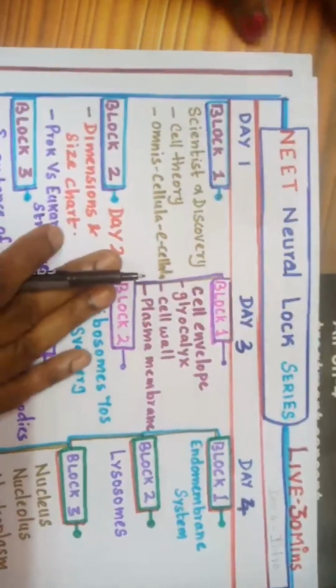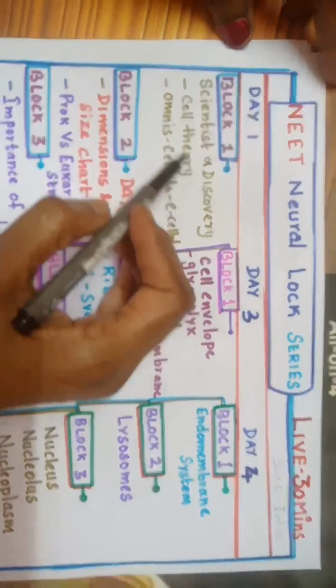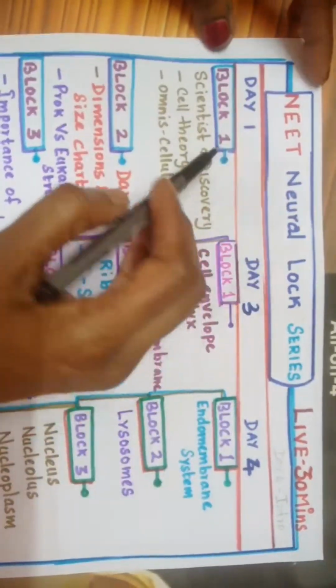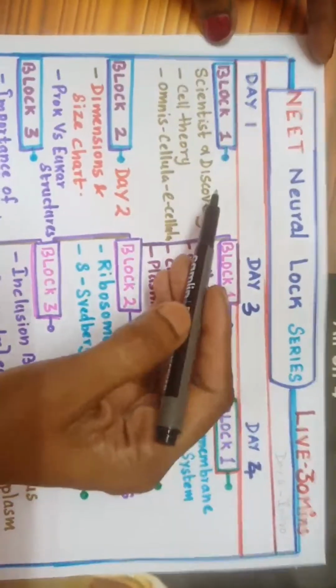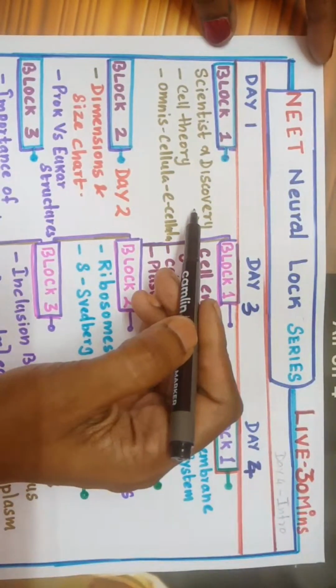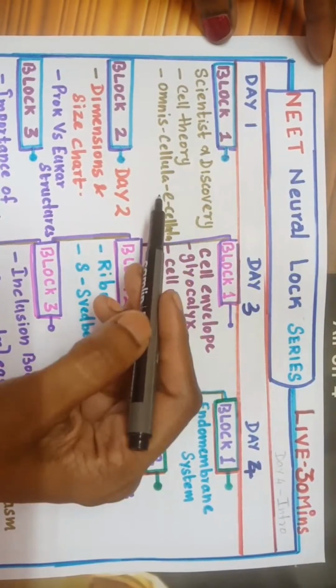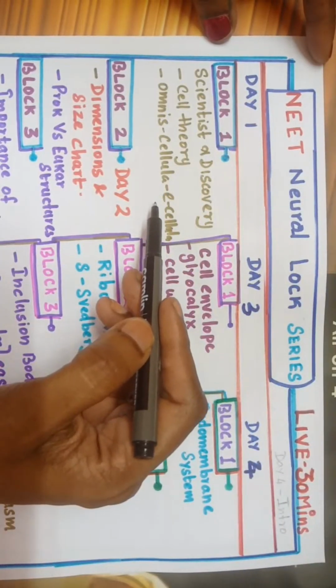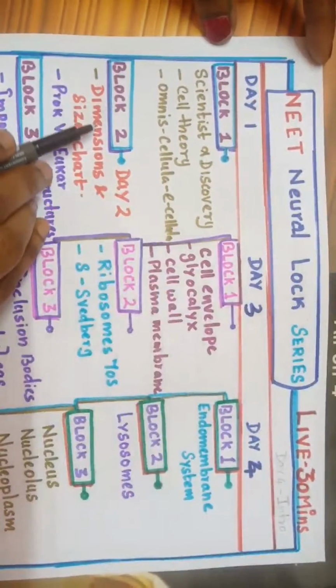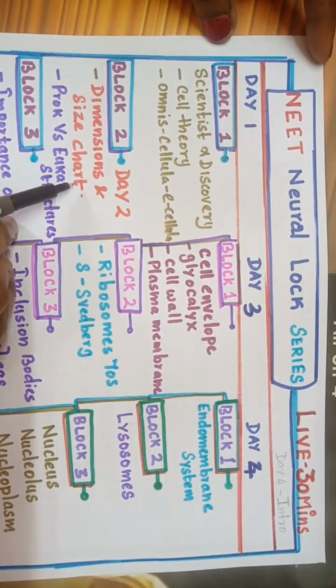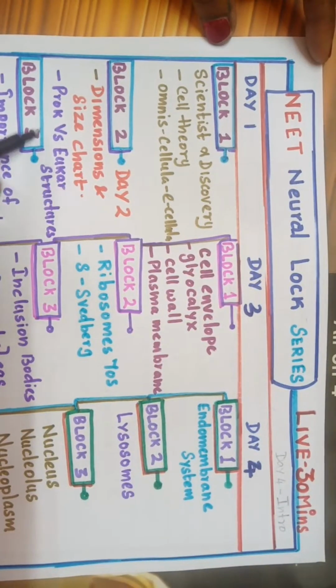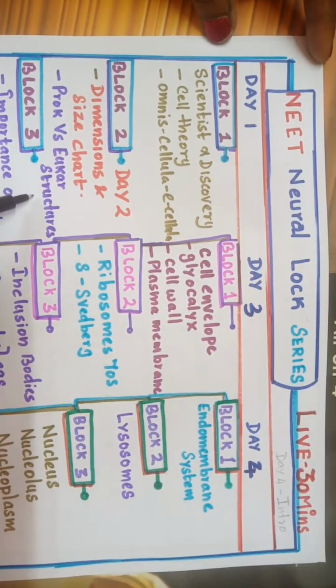A quick recap of what we saw for the past 3 days. In day 1 we did block scientist and discovery about cell theory, Schleiden and Schwann, omnicellular e-cellular, Rudolf Virchow. And in day 2 we did dimensions and size chart for the cells and prokaryote versus eukaryote structures.